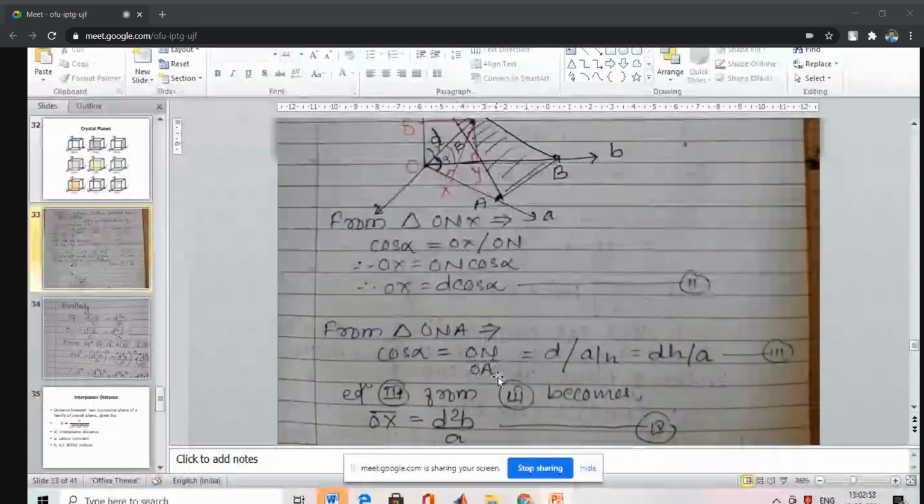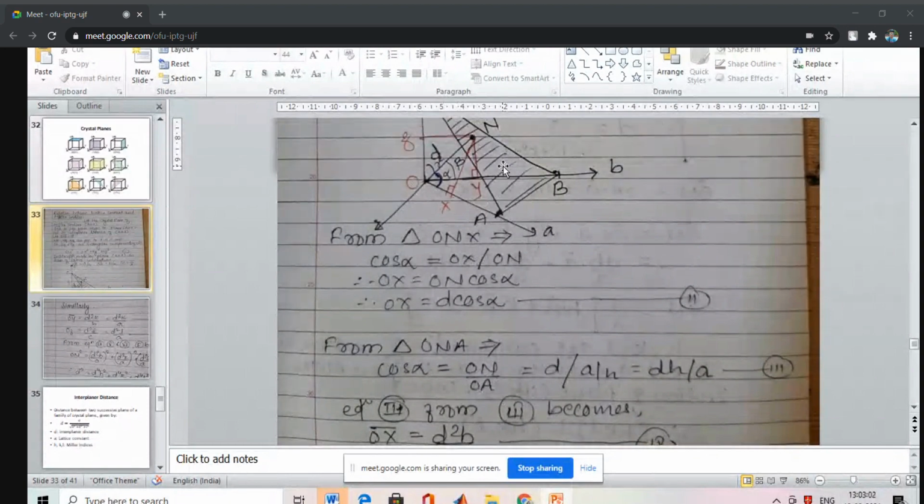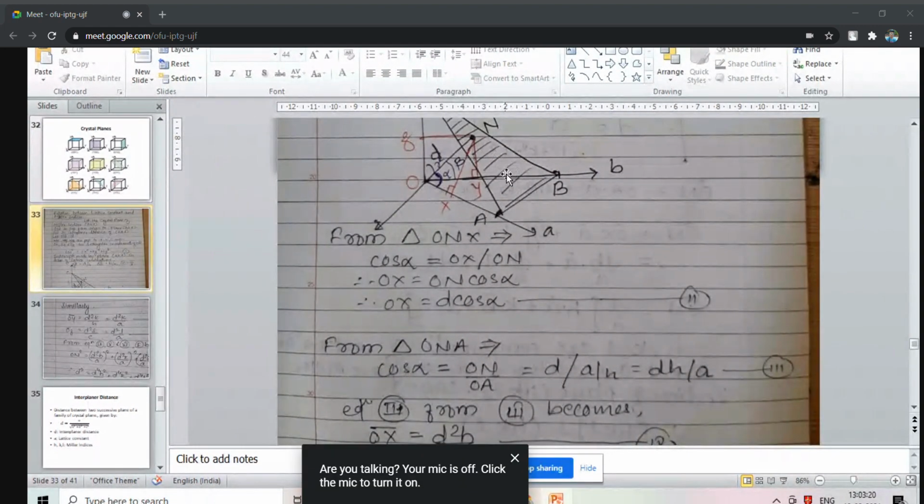What is OA then? OA is what? Here, the plane ABC cuts the axis A at point A. And so OA is the intercept made by this plane on this axis A. But we know that this plane has the Miller indices HKL. Okay, and Miller indices are nothing but reciprocals of the intercepts reduced to integers.